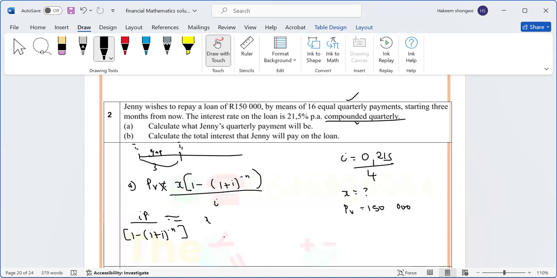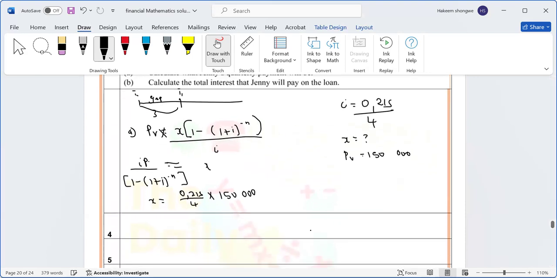And then if you continue with this, you can simply substitute. X is going to be equal to 0.215 all over 4, multiplied by the present value, 150,000, and then you still have all over open bracket, 1 minus 1 plus 0.215 over 4.